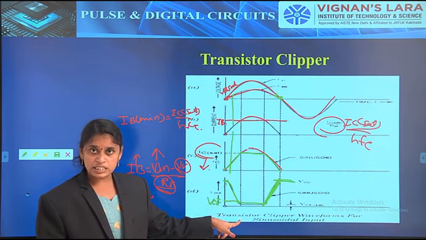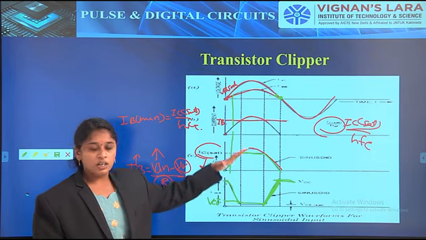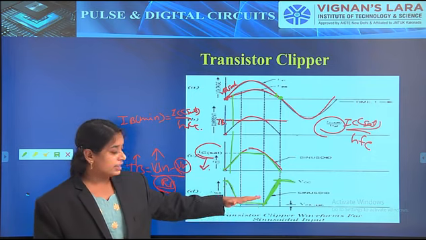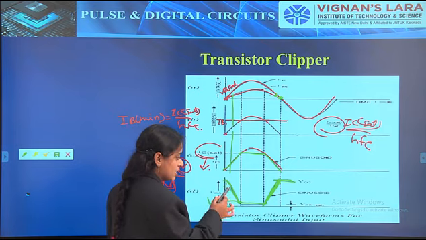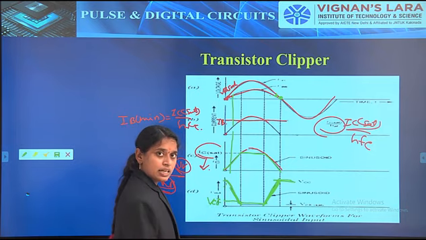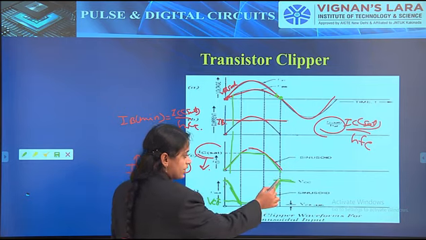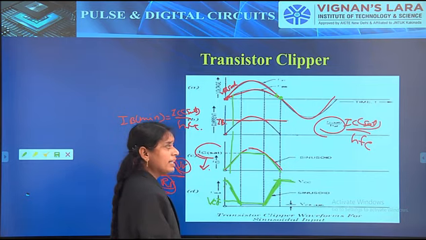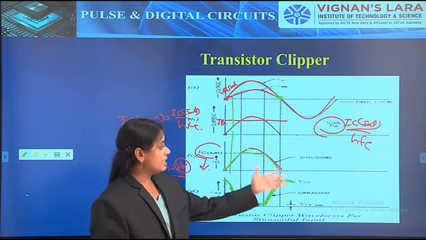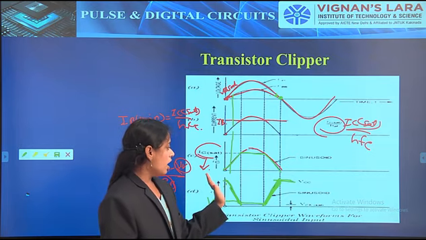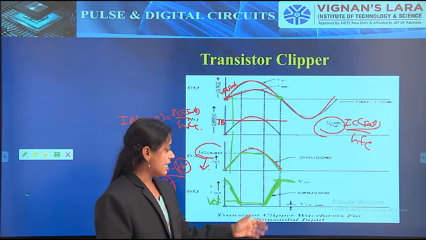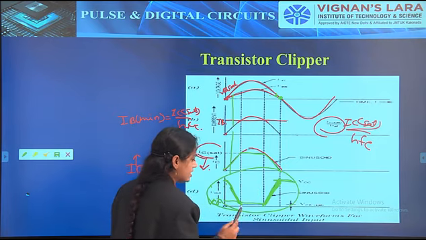When the input reaches the V gamma level, the output will be VCE sat. So that is the transition between VCC and VCE sat, and when it reaches the negative level, it reaches VCC again.